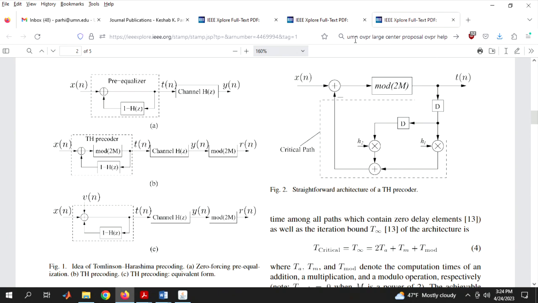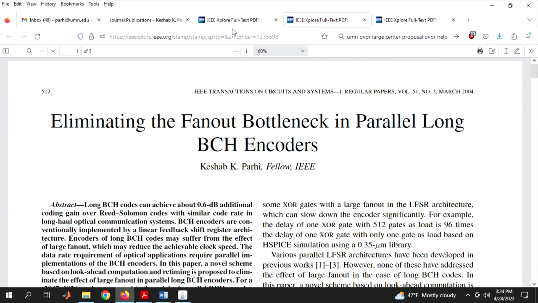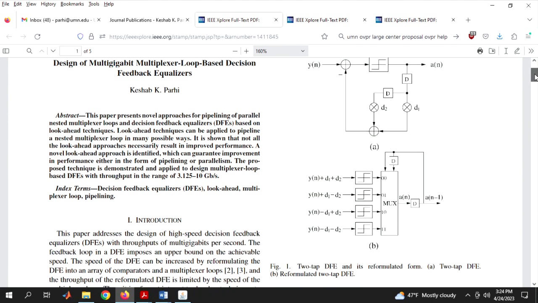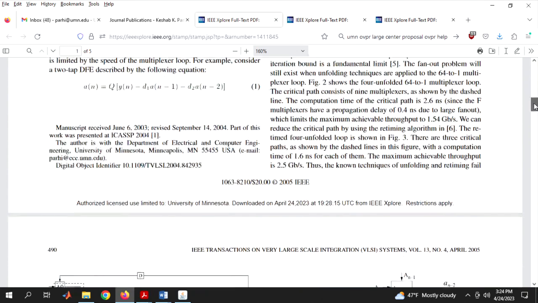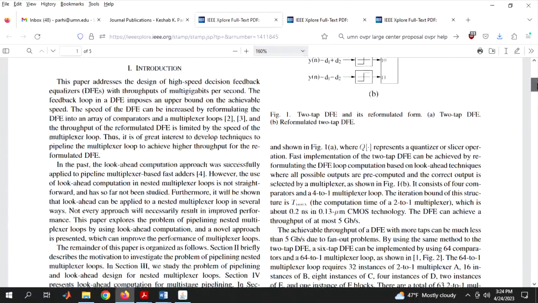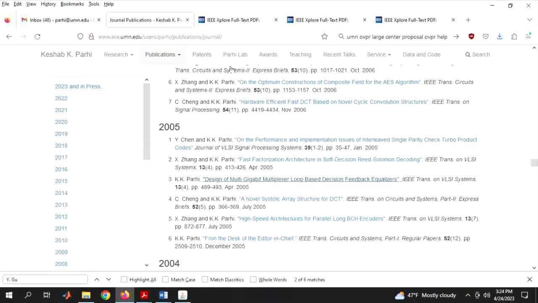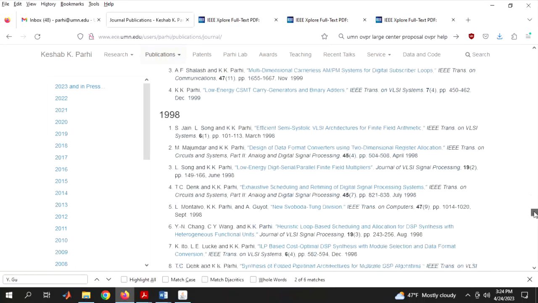By the way, I talked about this decision directed equalization. How do we get the, let's go back to that 1991 paper.